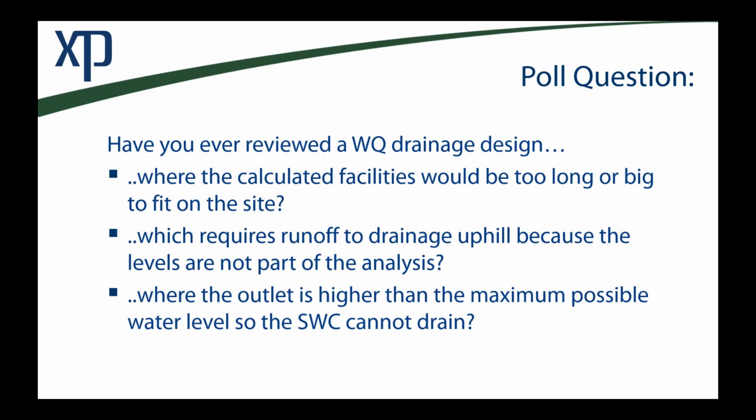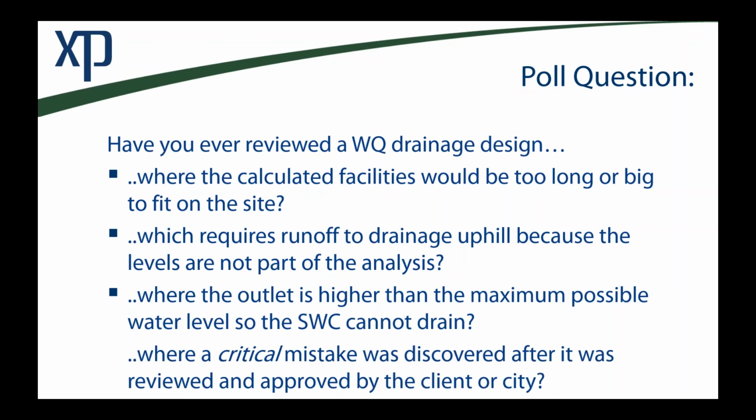Where perhaps the outlet is set at a higher level than the maximum possible water level in a stormwater control or a pond, let's say. So instead of spilling out of the outfall you've designed, the water would probably drain over the banks first.